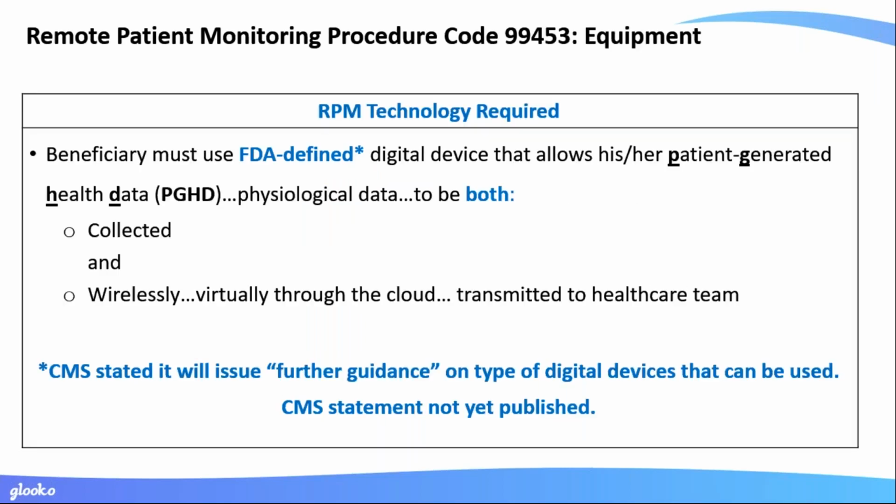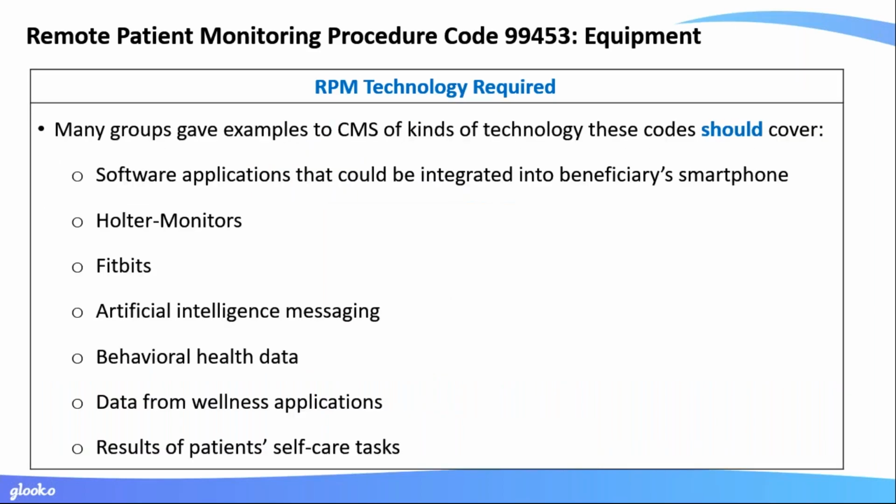Okay. Now, when we talk about the type of technology required for that particular code, it says FDA defined. That's the language Medicare has used. And they said they'll give us further guidance. But we do have some guidance already. Software applications that can be integrated into Martha's smartphone, the answer is yes. Those are now considered a medical device by the FDA.